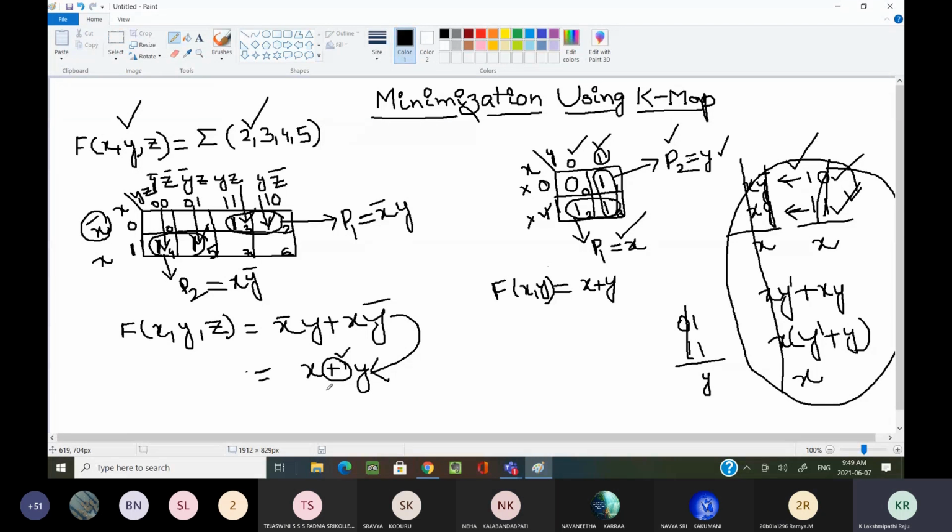Why have I written this? Simplification is needed? Already we have simplified the given expression. This is my simplified expression.